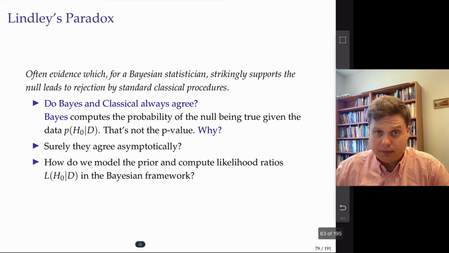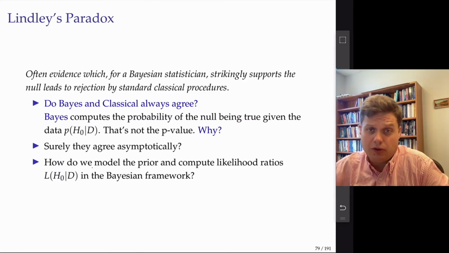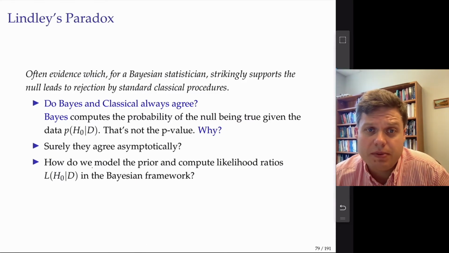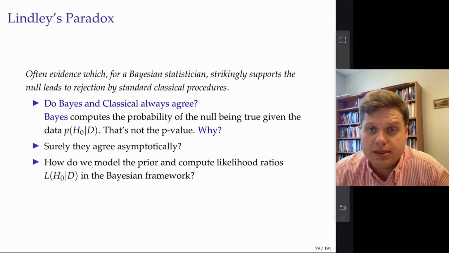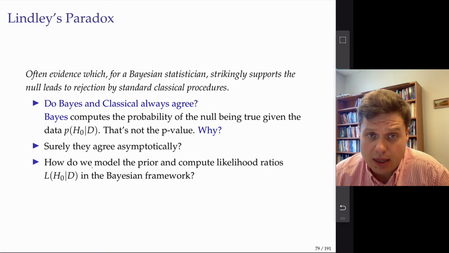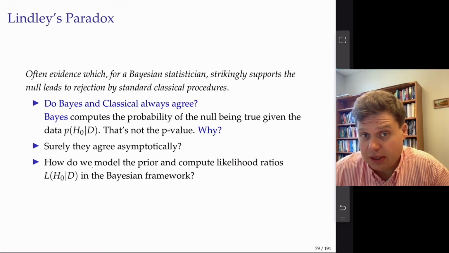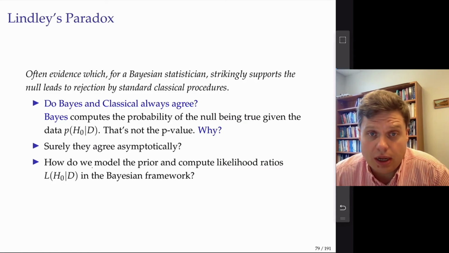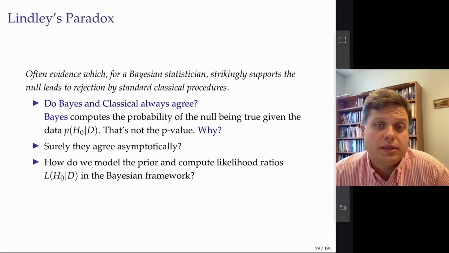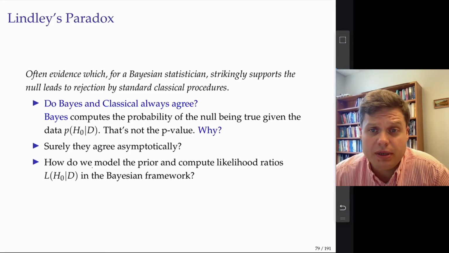So that's the summary for the Lindley Paradox: evidence which for Bayesian statisticians strikingly supports the null leads to rejection by the standard classical procedures. It shows that the Bayesian and the classical approaches do not agree. And again, Bayesian calculates the probability of the null being true given the data.